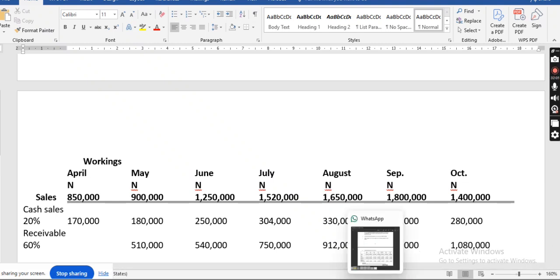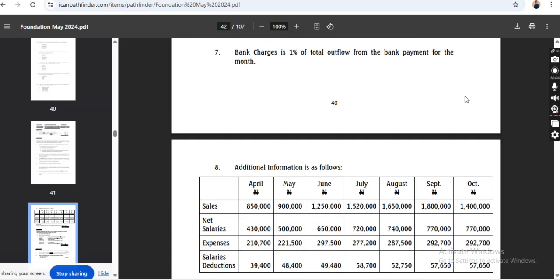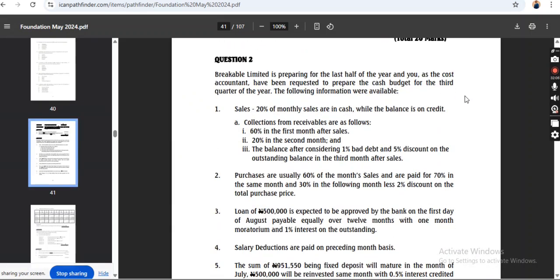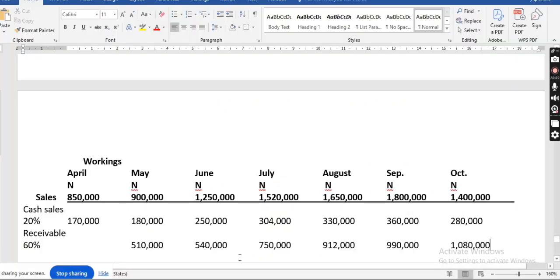Let me go back again. 60% in the first month after sales, then 20% in the second month. Now, in the second month, what do we have? 20%, which is 60 days in the second month.